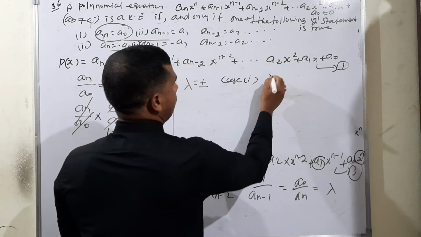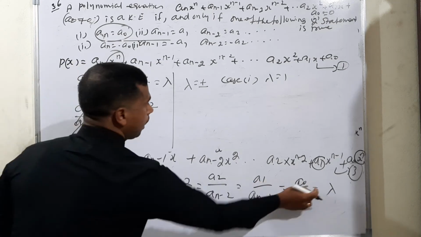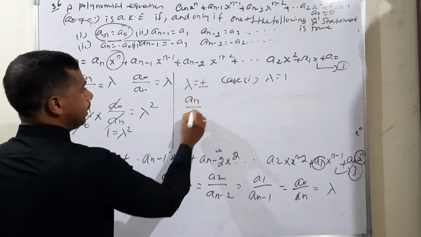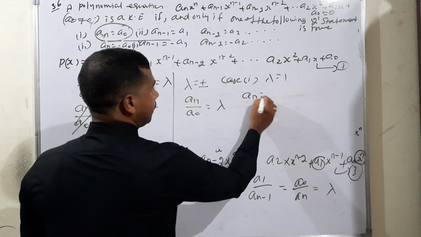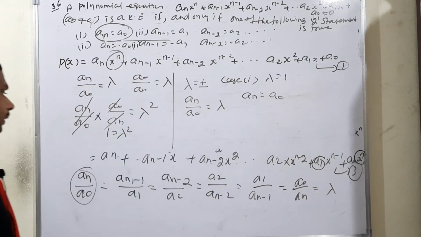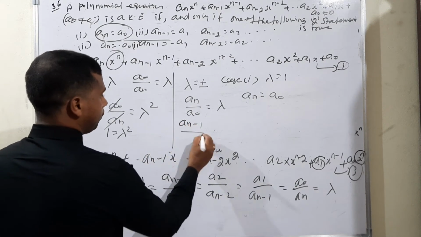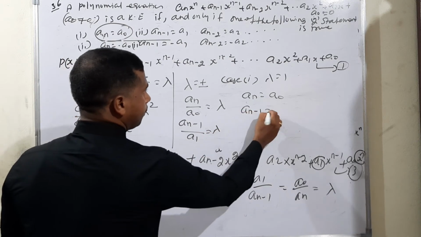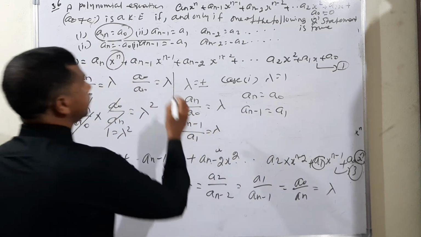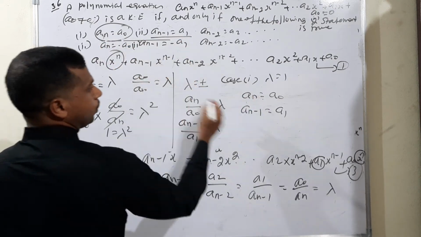Case number 1, lambda is equal to 1 means, I am going to first one, an by a naught is equal to lambda, just cross multiply, an is equal to a naught. Next condition, an minus 1 by a1 is equal to lambda, means definitely an minus 1 is equal to a1. See, an is equal to a naught, first one, an minus 1 is equal to a1.